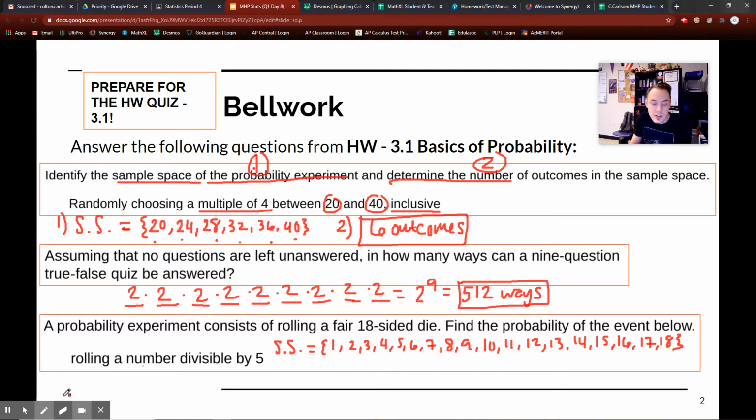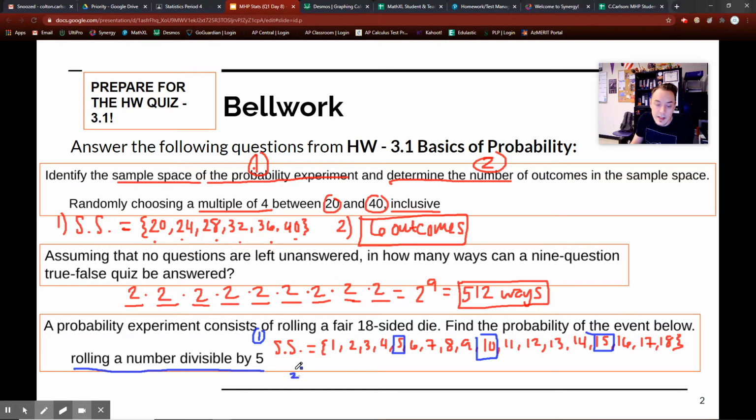Okay, so this is your whole sample space right here. Now watch this. We want rolling a number that is divisible by 5. The only ones that are divisible by 5 are 5 right here, 10, and then 15. Okay, so what does that mean? This is my first step.